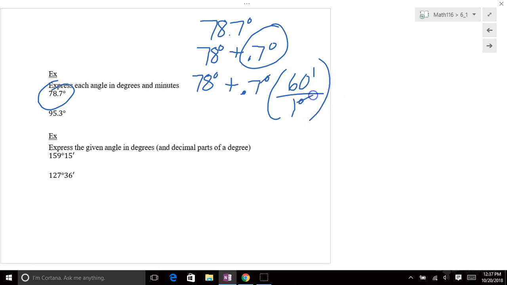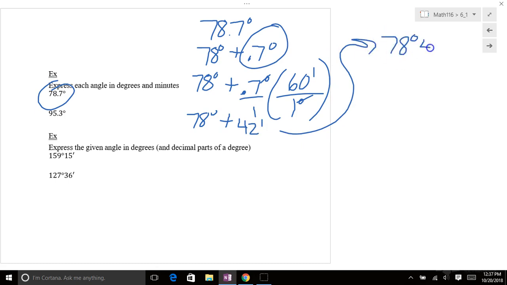Notice the degrees cancel. And so now we have 60 times that 0.7, which gives us 42. So this ends up being 78 degrees, and 0.7 times 60 is 42 minutes. And so you just write it 78 degrees, 42 minutes.